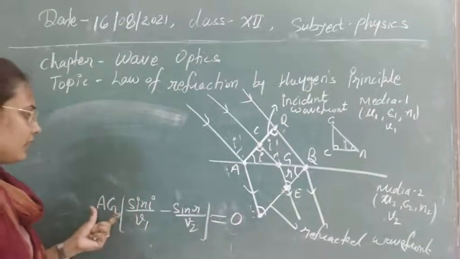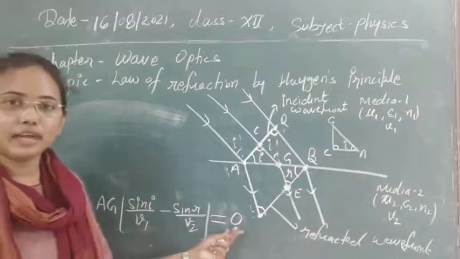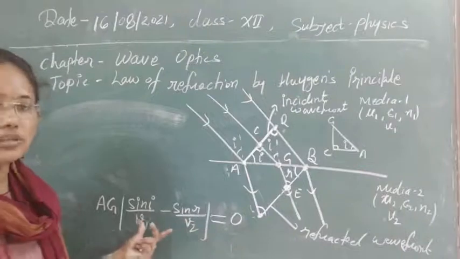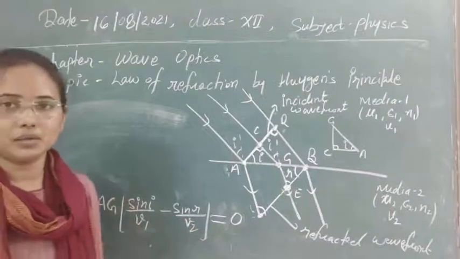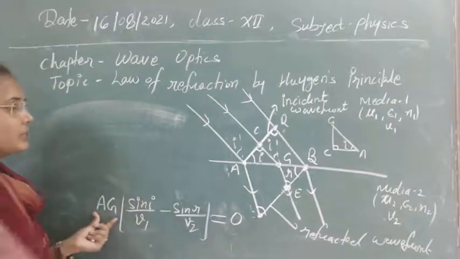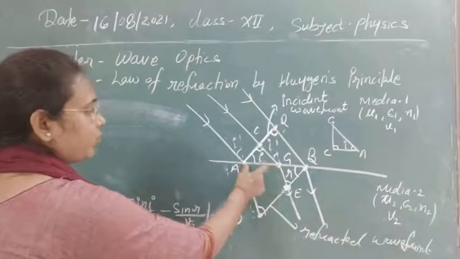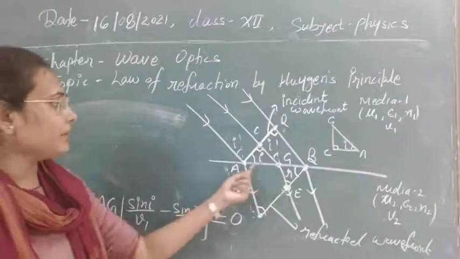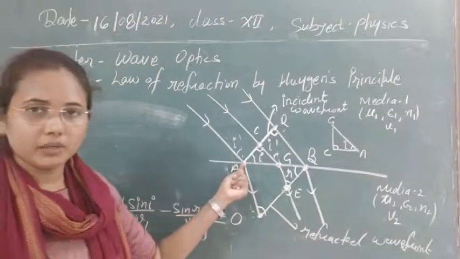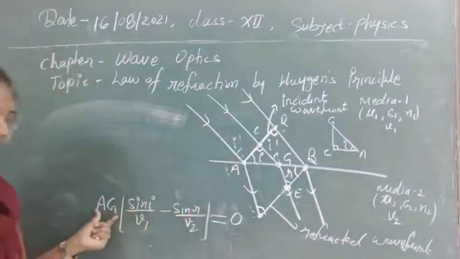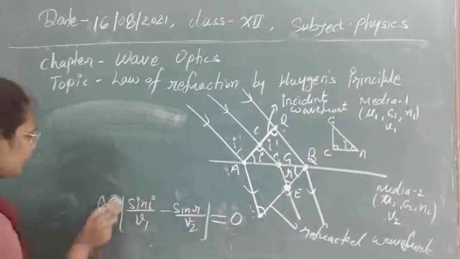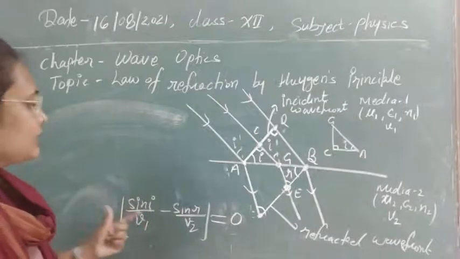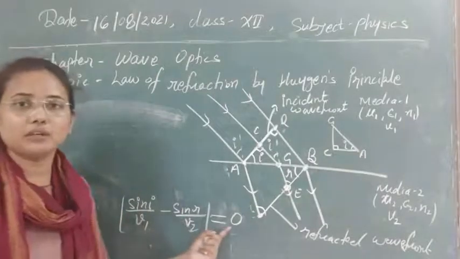Here, as a product of two terms is 0, it means either both quantities are 0 or one of them is 0. Here AC is the sum of the distance from this point to this point, so it cannot be equal to 0, because otherwise the wave would vanish. So this term is not equal to 0, and the only possibility is that this bracket term should be equal to 0.